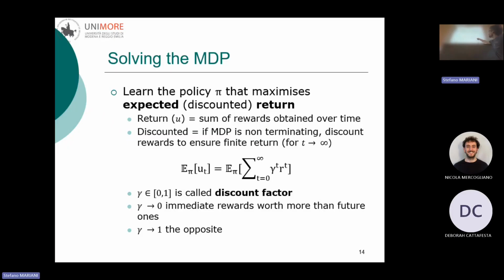Because every time you sum all these rewards, you have an additional multiplication by this gamma discount factor. That is at most 1, so you can only reduce the reward. You can never increase it. If you have a reward of 10, you can have at most 10 or less. So putting gamma close to 0 means my agent should mostly care about immediate rewards. It should strive to give more importance to immediate rewards.